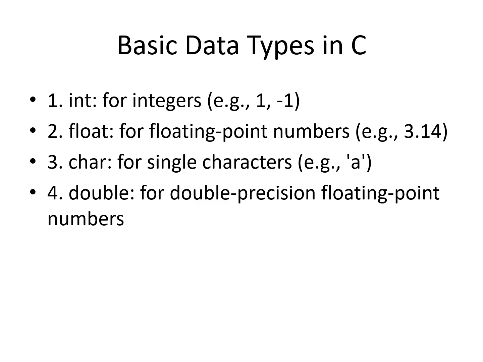Next is float. Float is used for storing floating point numbers, decimal numbers like 3.14. Character is for storing single character values like A, B, C. Double is for holding double precision floating point numbers.